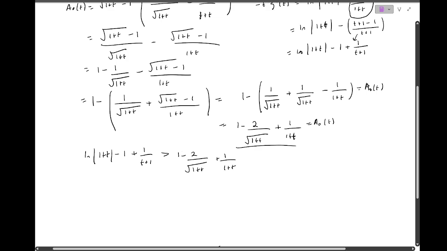Now, clearly these two are just going to cancel. We can bring the 1 to the other side, so we get the natural log of 1 plus t is greater than 2 minus 2 over the square root of 1 plus t.